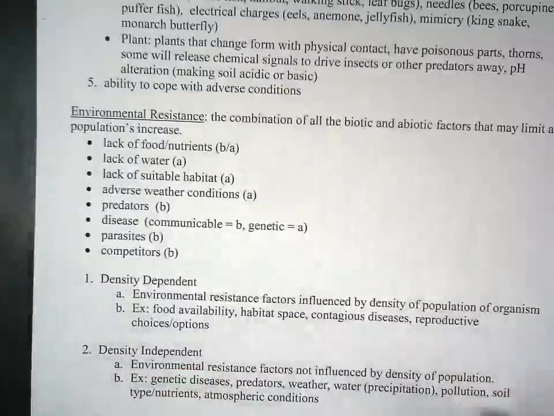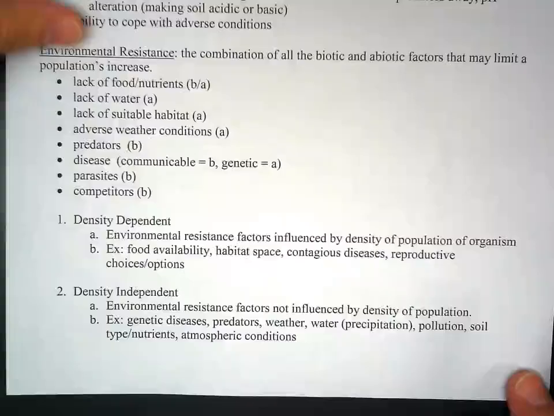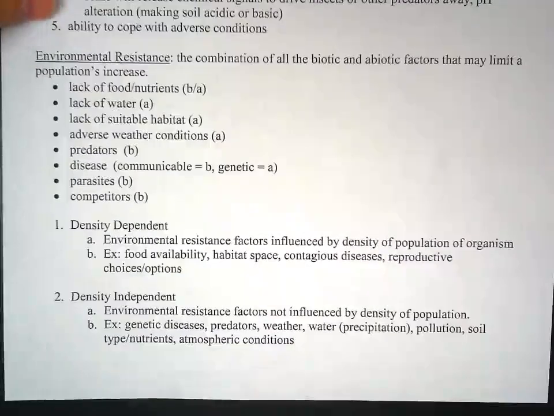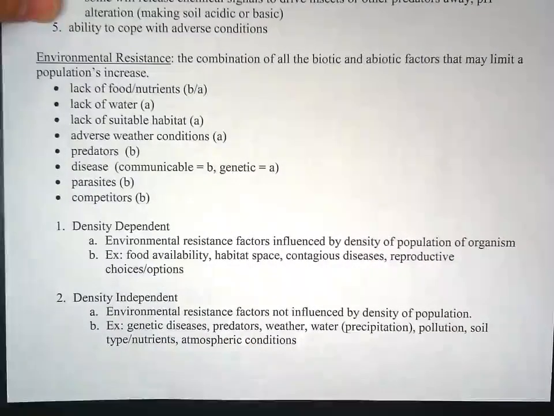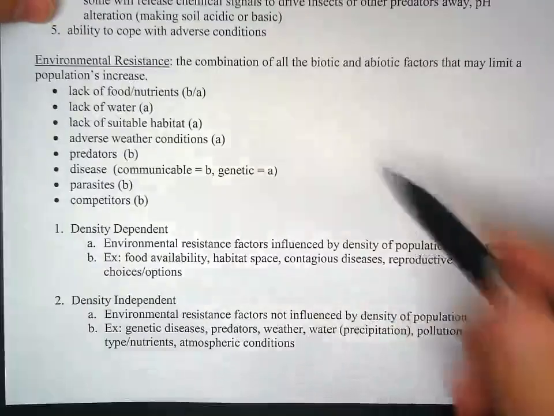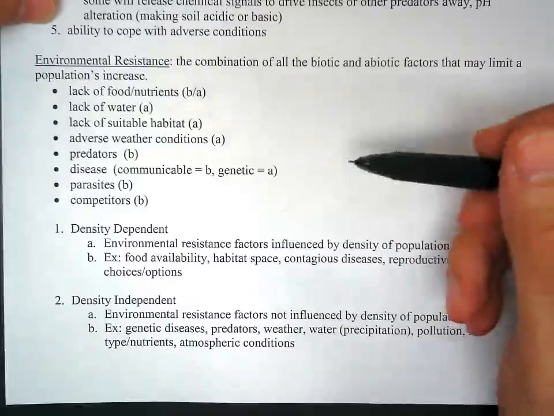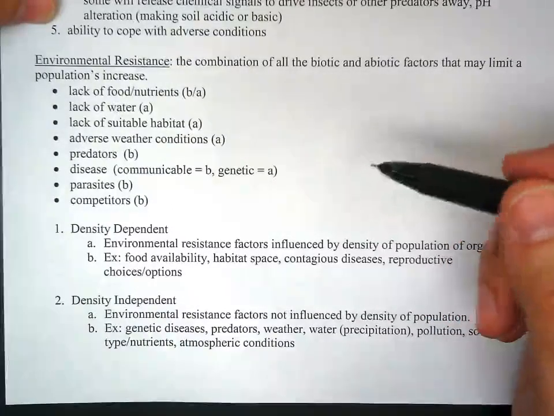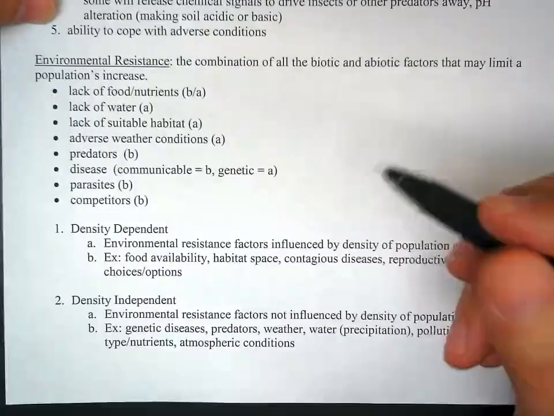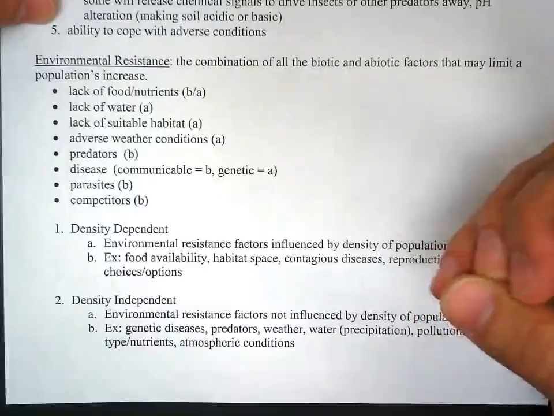All right, now, environmental resistance factors can fall into two categories: density dependent or density independent. All this means is, does the factor get worse or better based on how big the population of the species is?